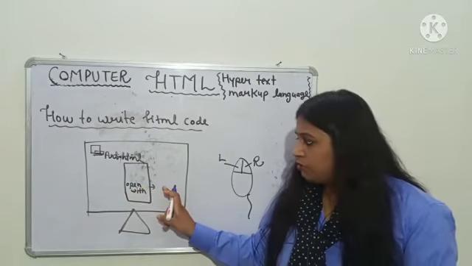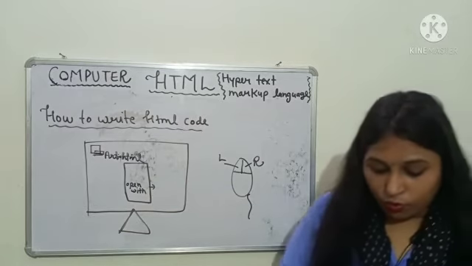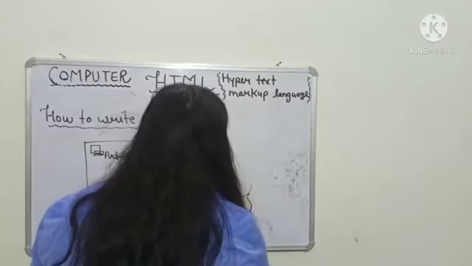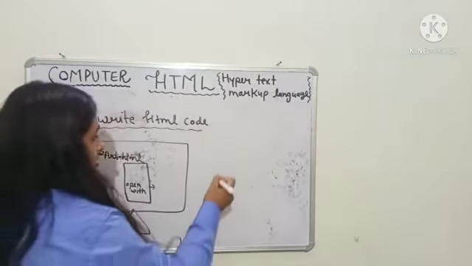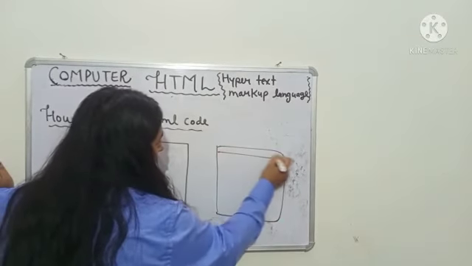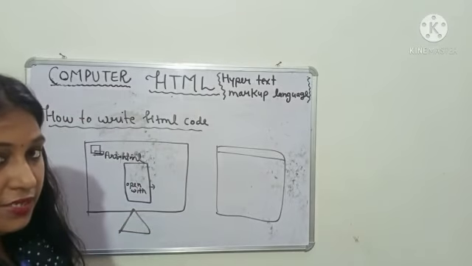You will choose a browser, and whenever you choose the browser, your HTML code appears in front of you in a web page. Suppose this is a browser. So here your HTML code will appear, right?